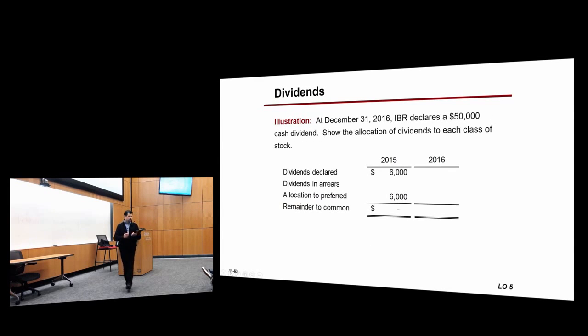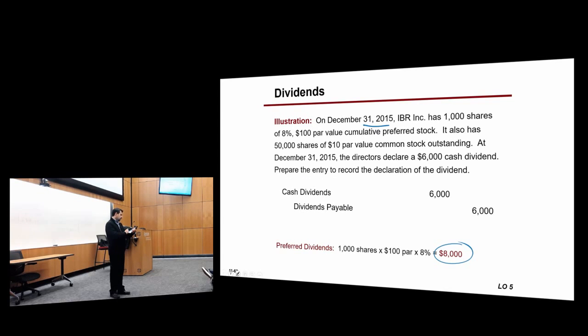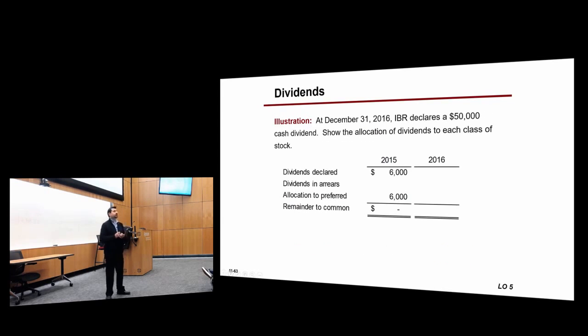At December 31st of the following year, the company declares $50,000 in cash dividends. Again, how much does preferred stock get at this point? 8,000 plus the 2,000 from the previous year, so it will be 10,000.